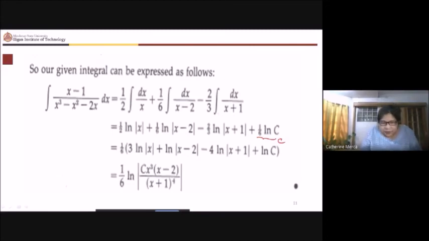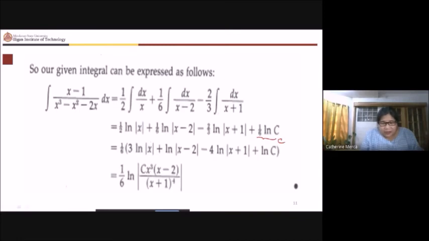Okay? So 1/6 ln of, para mapasok lang sa isa, you can end up your answer actually on the answer that we have earlier. But if you want it simplified, this is the simplified form. That is 1/6 ln of c x cubed. Why do you have c x cubed there? Ito yung c ninyo, na? Then, x minus 2, kasi plus yan. So, kaning x, then 3 yan. Ang 3 ln of x is actually your ln of x cubed.